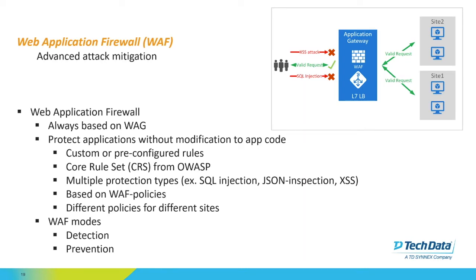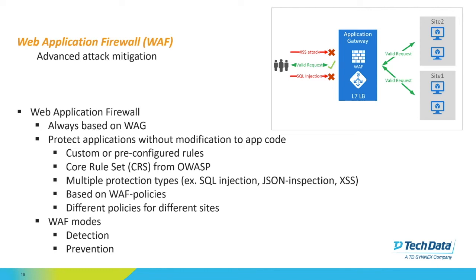It's always based upon an application gateway. So it's something you can put in front of your application without modifying the code at all. You're utilizing the core rule set from OWASP, and from that you can do your own custom rules, or you have a whole list of pre-configured rules.